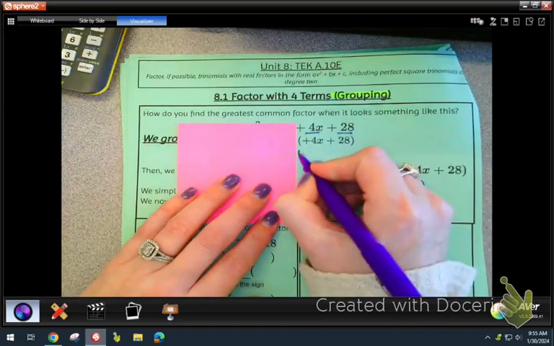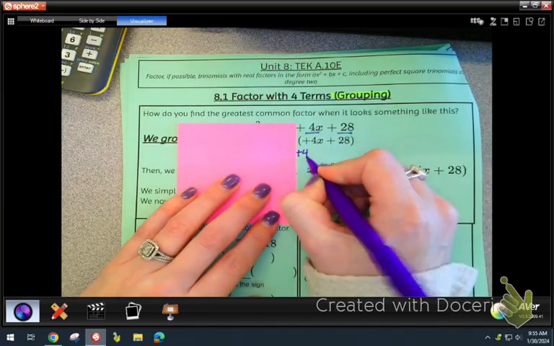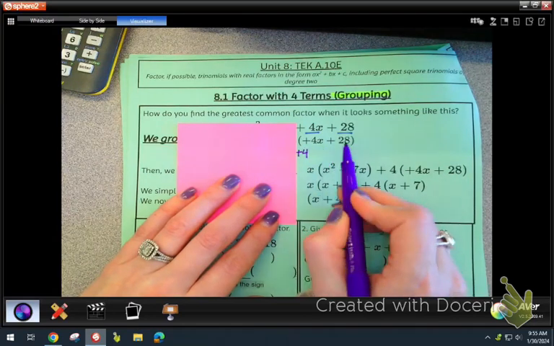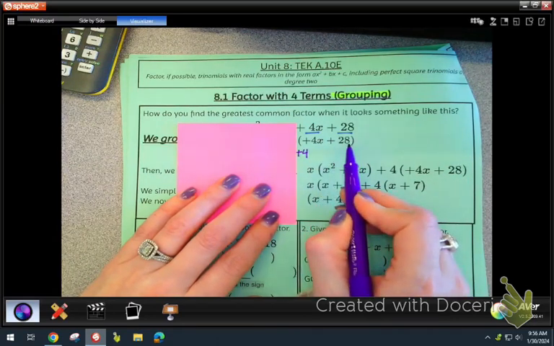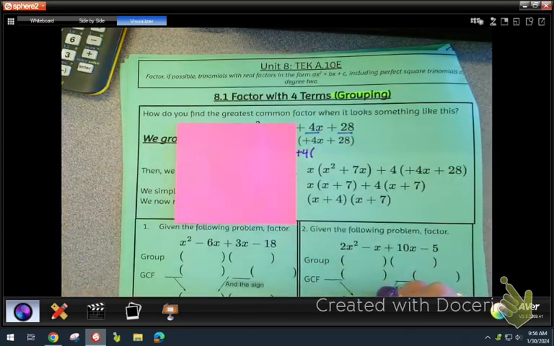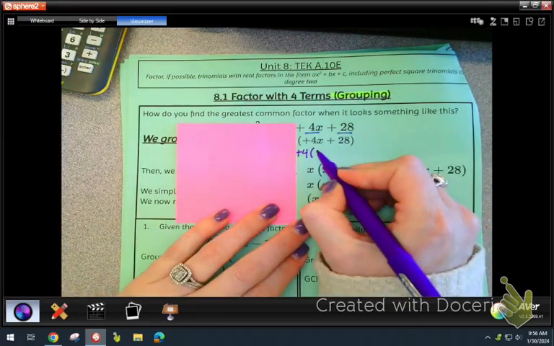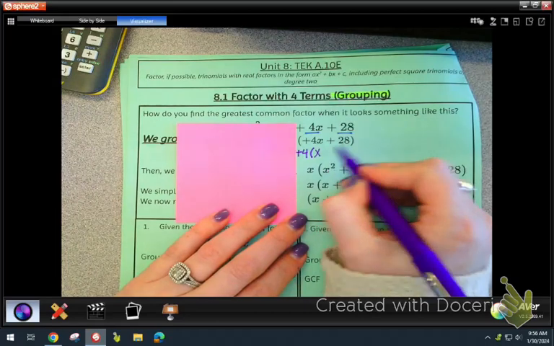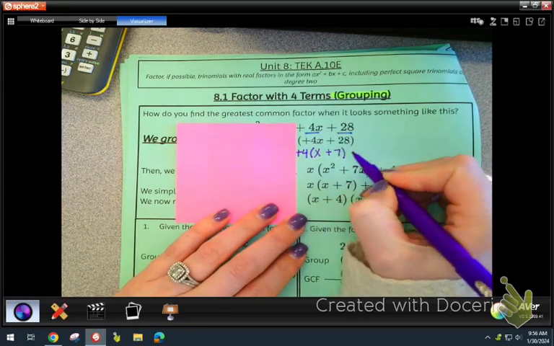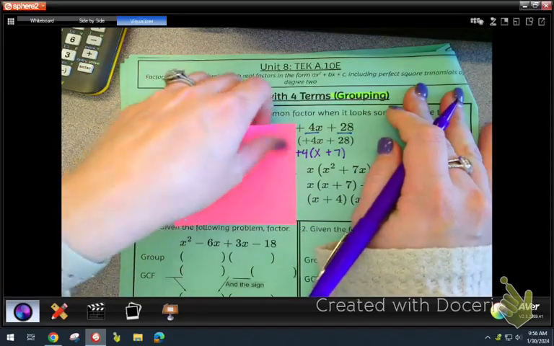So we have to put a positive sign when we do this grouping process. Can we take out an x of this group? No. Why not? Because one has an x and one doesn't. So take out a positive 4. What's left? 4x divided by 4 is 1x. 28 divided by 4 is 7. No x, just 7. Okay?